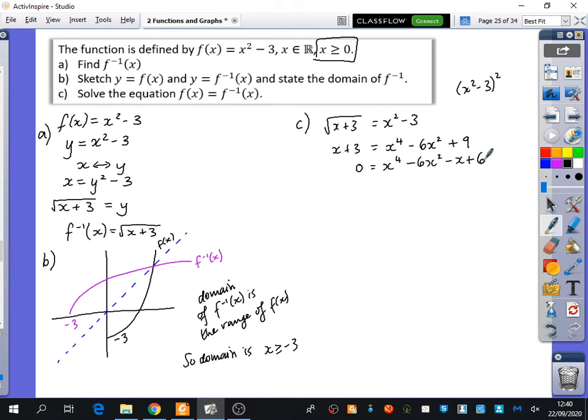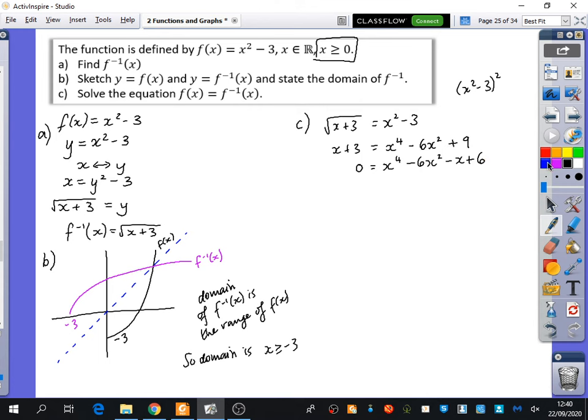Now your calculators can do this, but in the old calculators they couldn't. So I'm going to show you a way you could have done it. So what's that? 1, 0, minus 6, minus 1, and 6. Now your calculator gives you 4 different solutions.